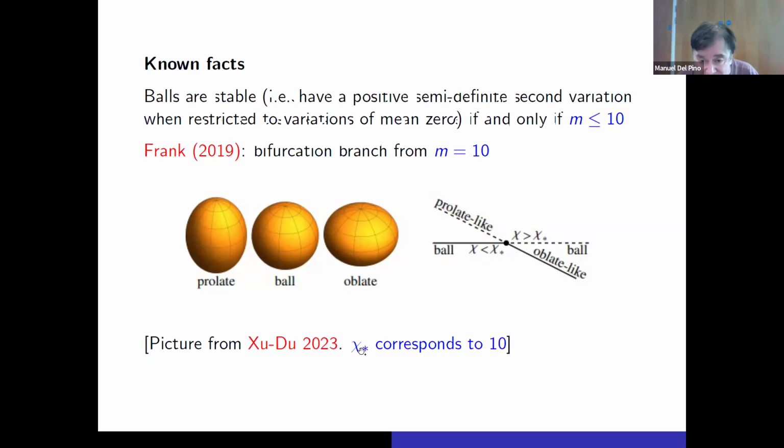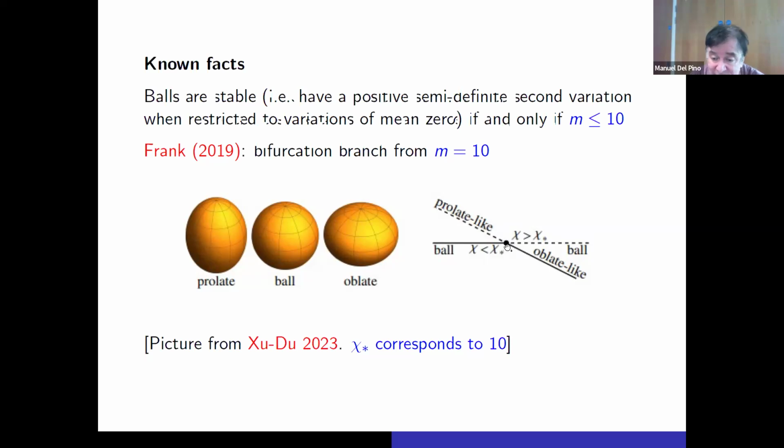Chi star corresponds to mass equal to 10, and bigger than this and less than this correspond to mass to the left or mass to the right. What is expected, and in fact rigorously proven in 2019 by Frank, is that he managed to describe in a very precise way the bifurcation branch that stems from the value mass equal to 10, or chi equal chi star, which is the same.